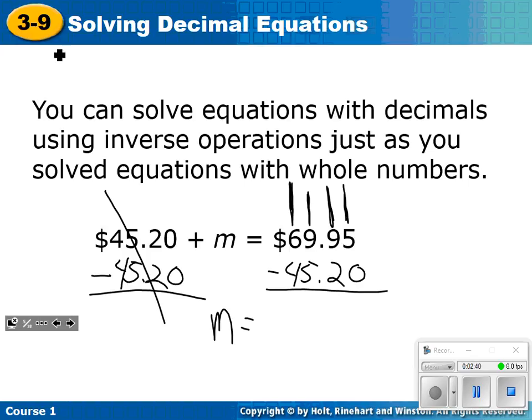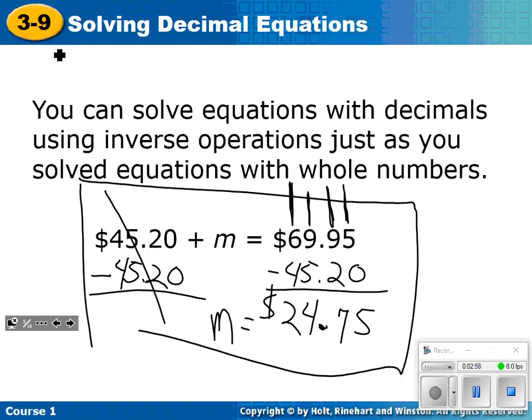We end up with 5 here, 7 here, 4 here, 2 here, and we put a dot straight down. And don't forget your label. M equals 24.75.